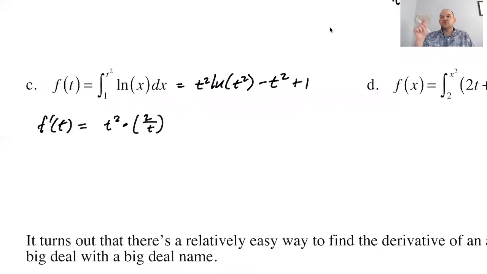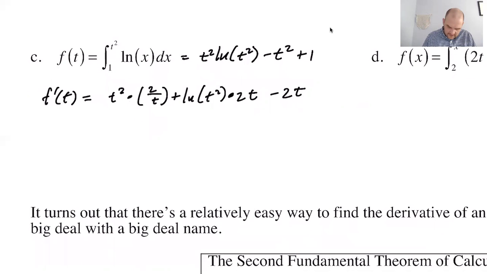It's 1 over u times the derivative of u. And then plus the second, which is the natural log of t squared, times the derivative of the first, which is 2t. And then minus 2t. Okay, so what does this do? So here it's 2t plus the natural log of t squared times 2t minus 2t.